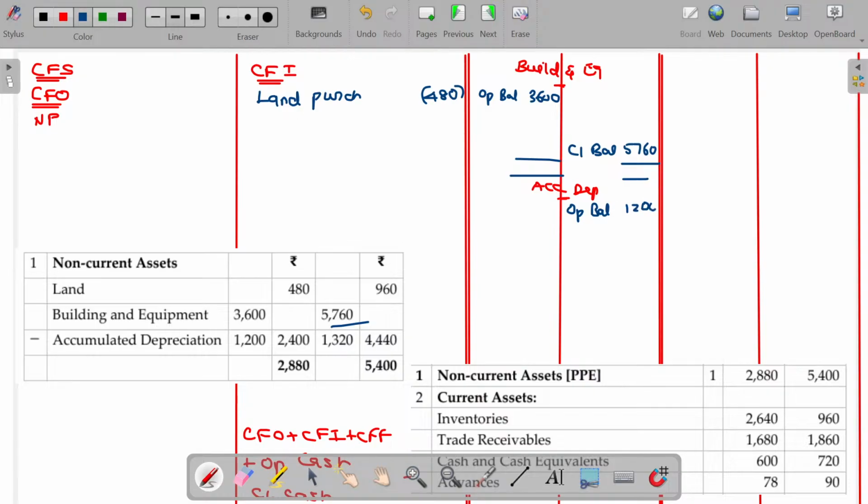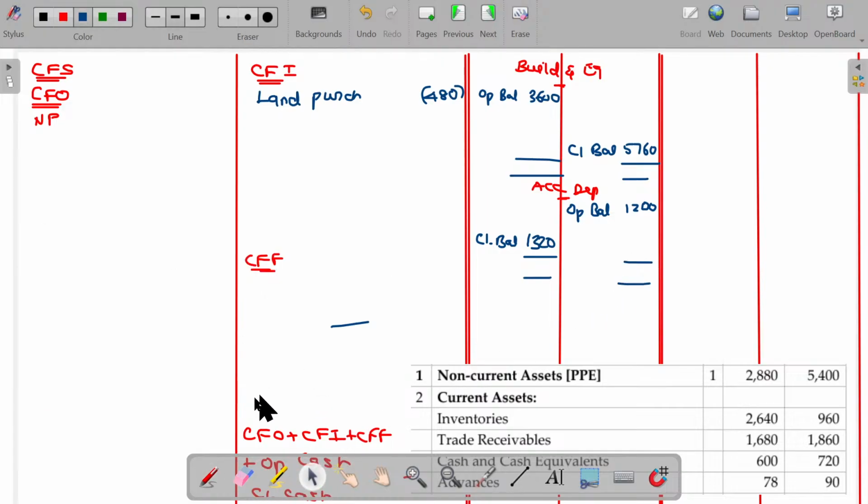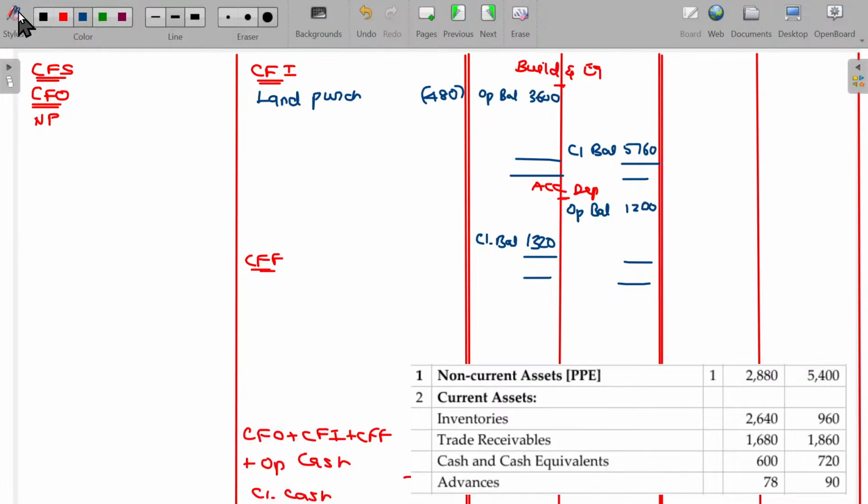You have to take the original value only because its accumulated depreciation will be opened separately. Closing balance here 1,320. Clear? Schedule 1 related to non-current assets is posted already.